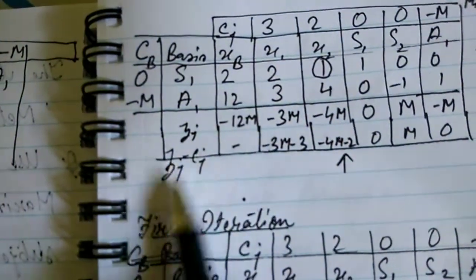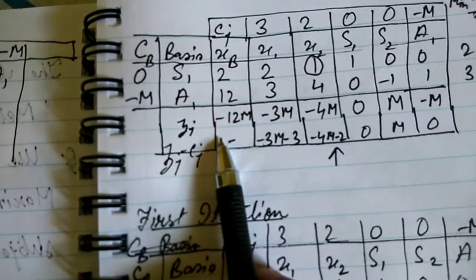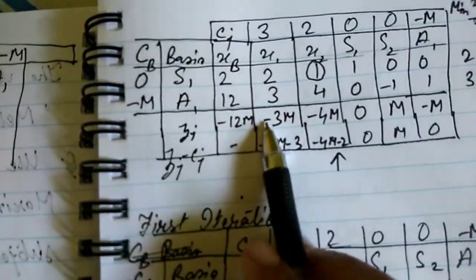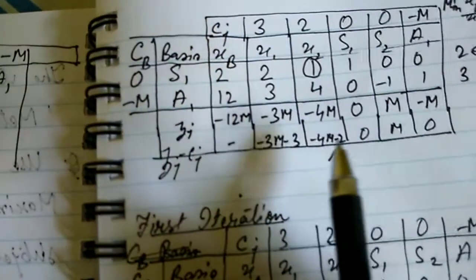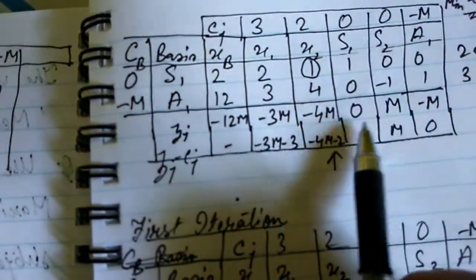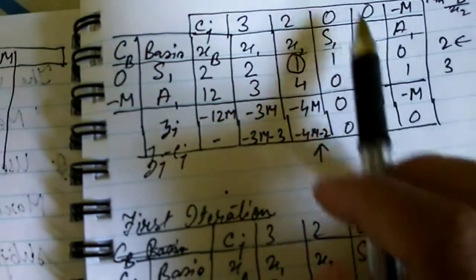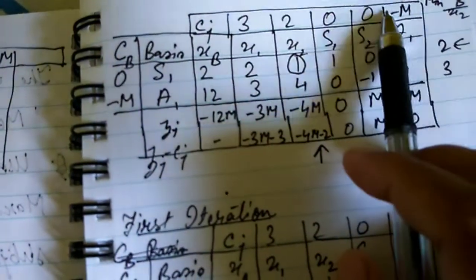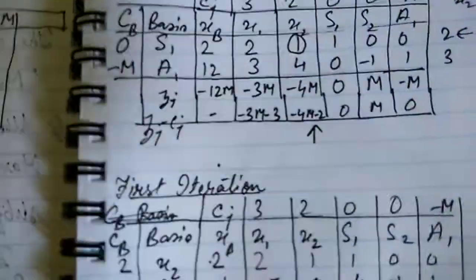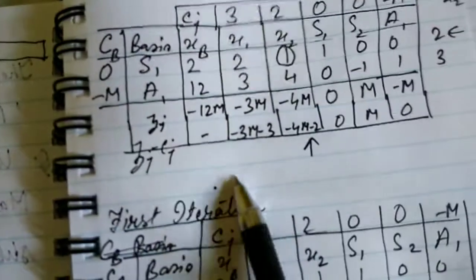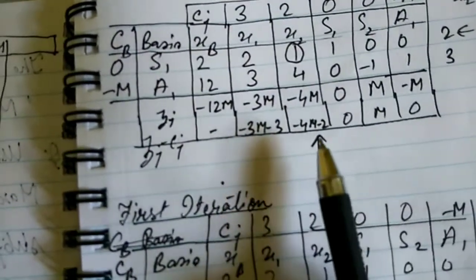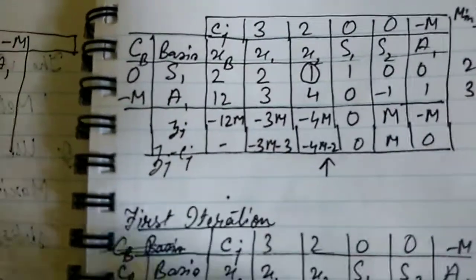Then we will do zj minus cj. First one will be nothing because there is no value. From here we start, first one will be minus 3m minus 3, then minus 4m minus 2, 0 minus 0, m minus 0 and minus m minus minus m, so 0. So, here we will just write the zj minus cj, and we try to find out the highest negative.